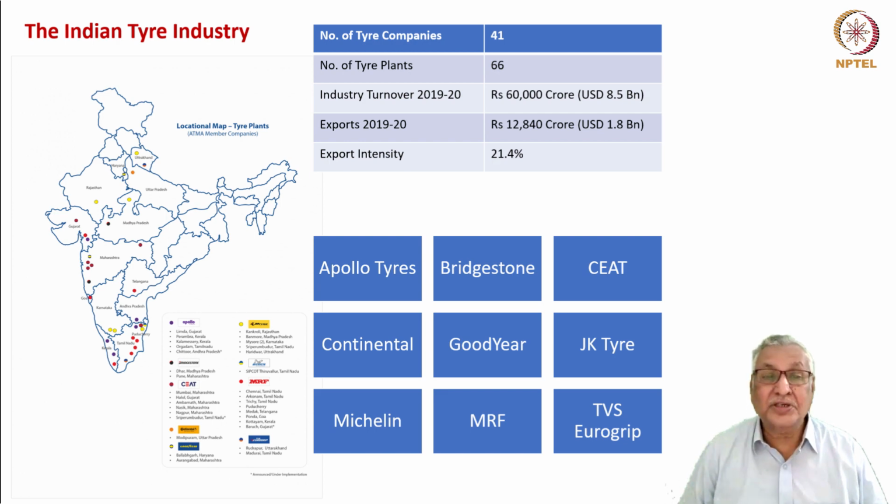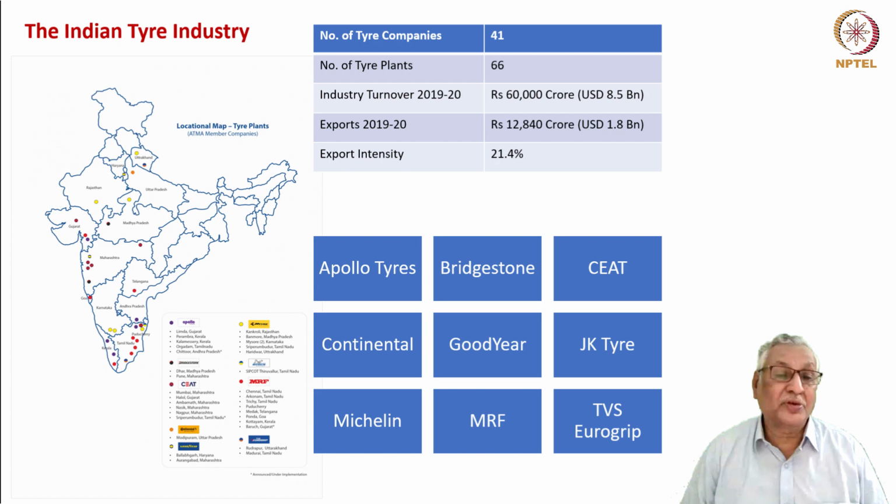The names I have listed here: Apollo Tires, Bridgestone, Ceat, Continental, Goodyear, JK Tire, Michelin, MRF, and TVS Eurogrip illustrate the kind of depth and breadth the tire companies in India have in terms of providing tires for every conceivable automobile.